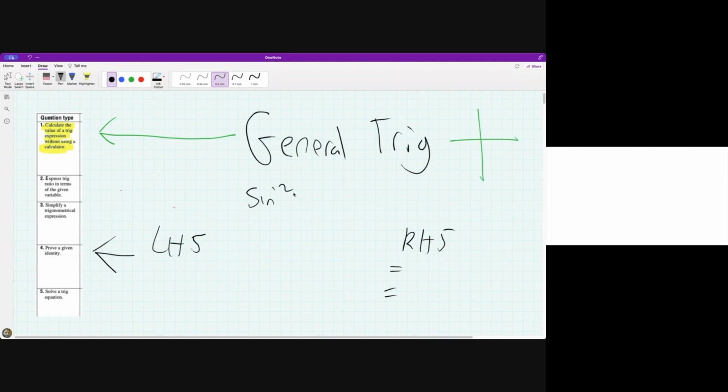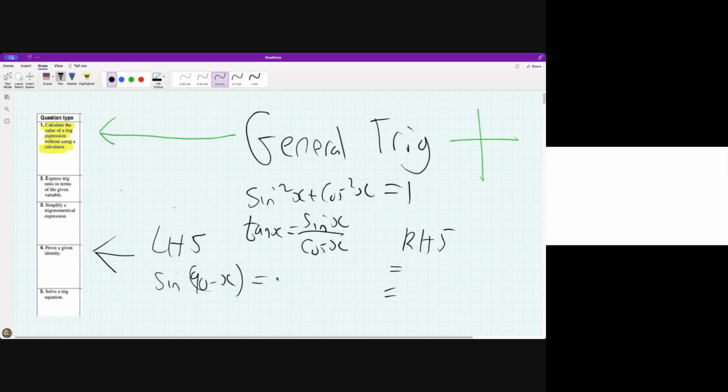So the main trig identities would be something like that, something like that, and then you can also use the normal identities, like the sine of 90 minus x is cos x, that's a co-ratio, or the sine of 180 minus x is the same as the sine of x. So you'll work with either side and try and show that the one side is equal to the other.